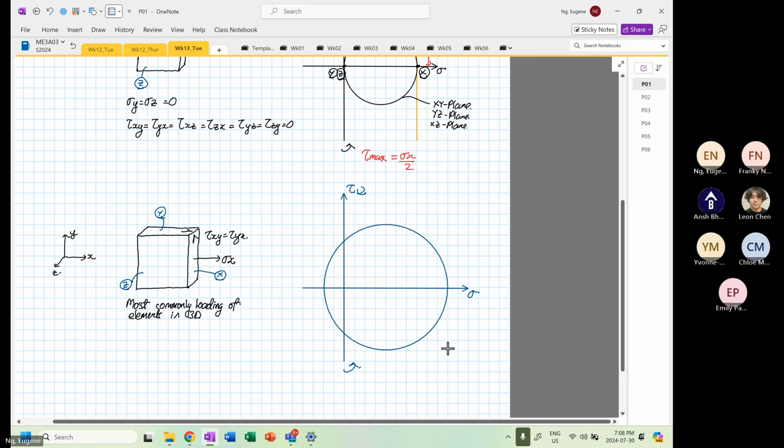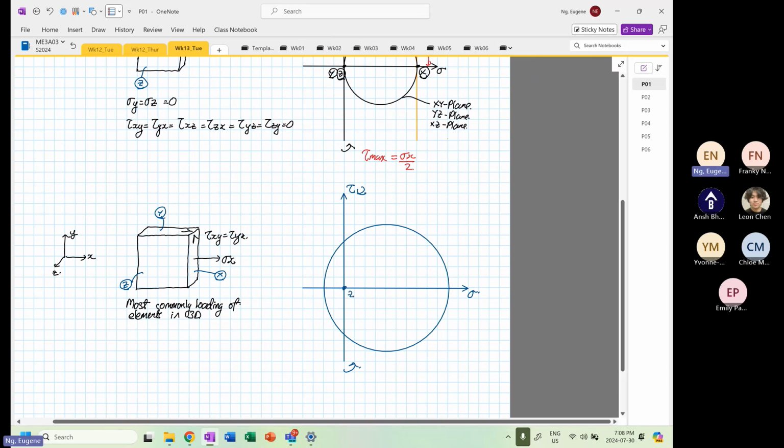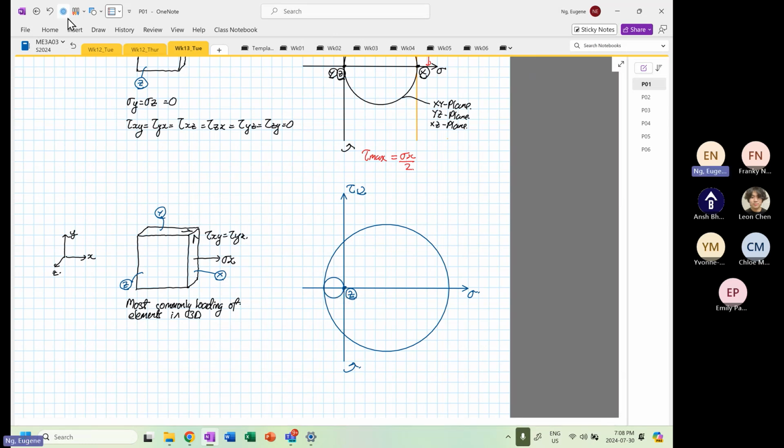Okay, so this is one of the circles, right? Then we know that over here, this is our point Z, right? And then we have one circle over here. And then we have another circle.